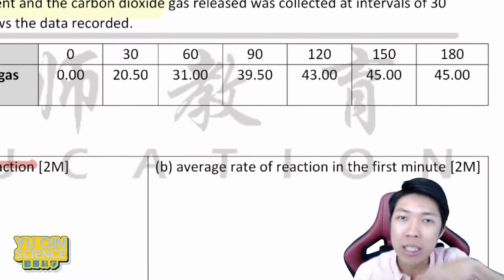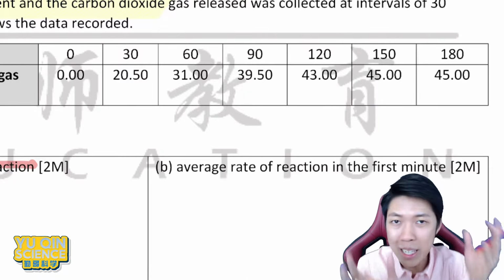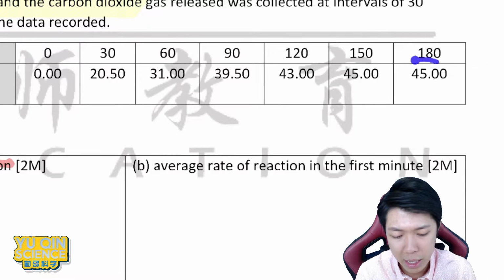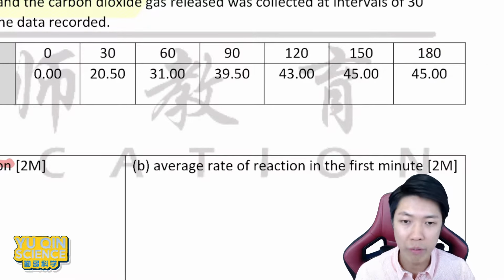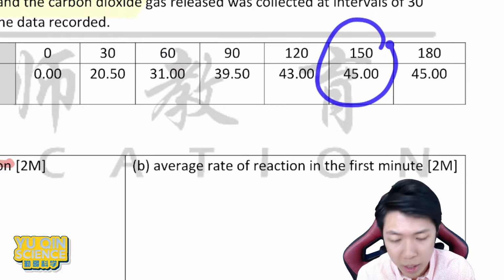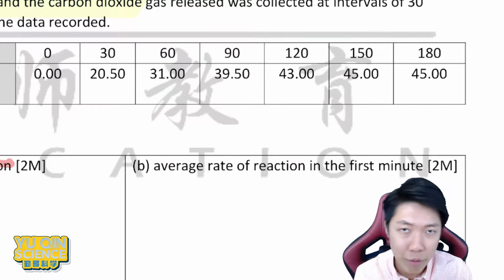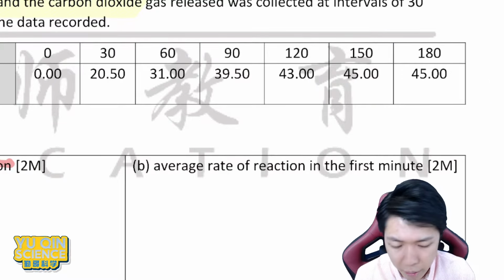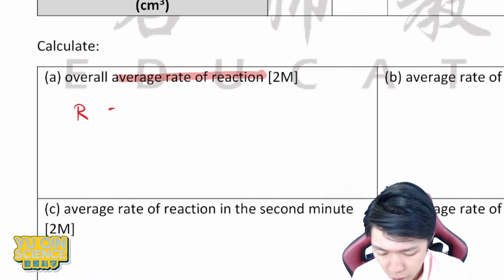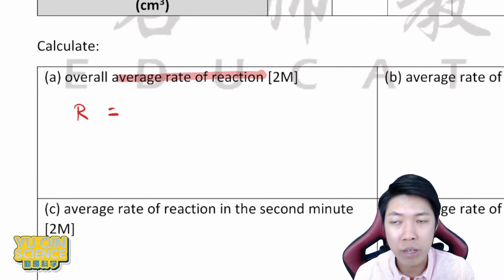The gas is just in the container. If the time goes on, the gas will still be there. So if I go on with however many seconds, my amount will still be 45. You get it, right? So actually this is where I stop. This is the ending, not the last one. Be careful on this question. Rate of reaction, I'm just going to use R as a symbol. So rate of reaction equals the change of the quantity divided by time.